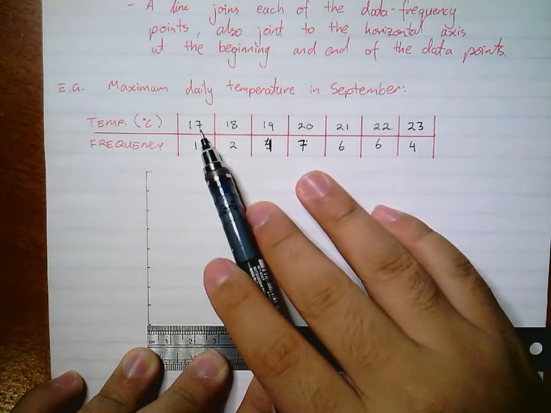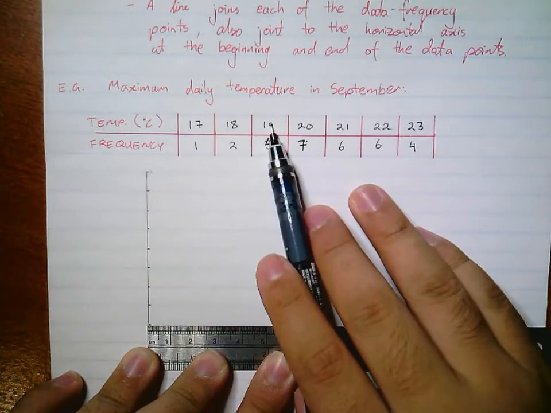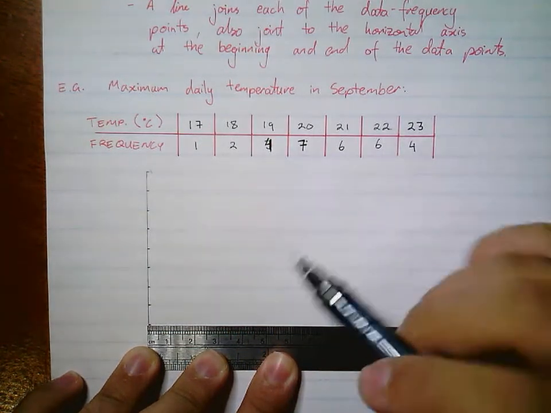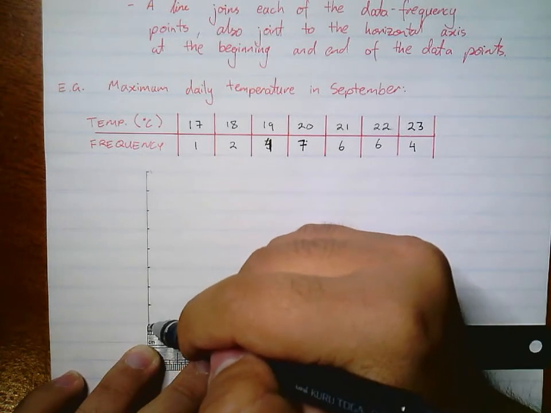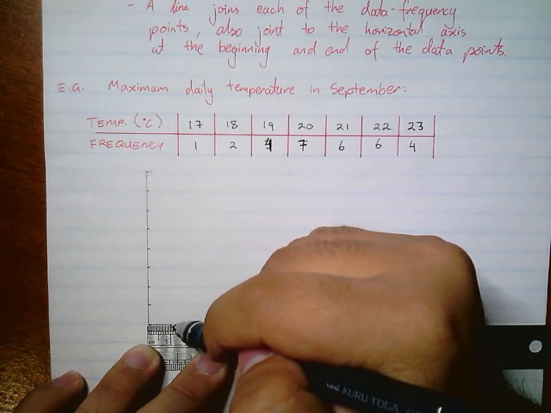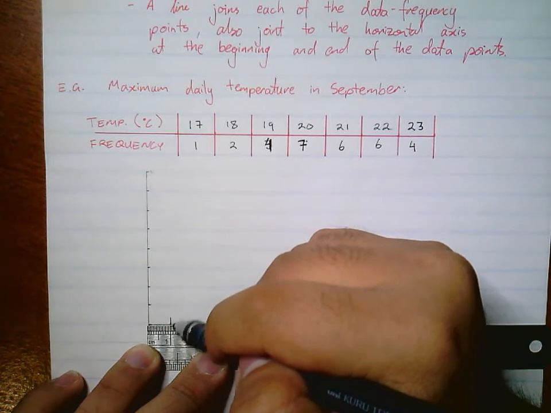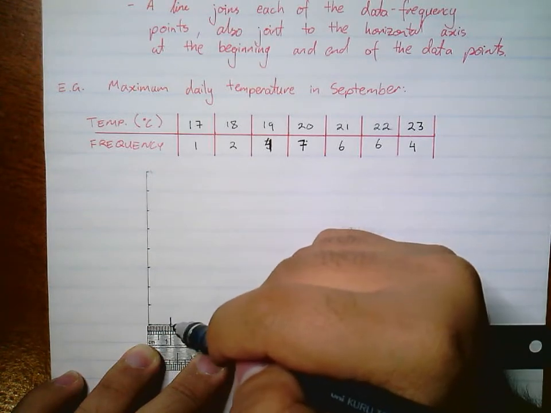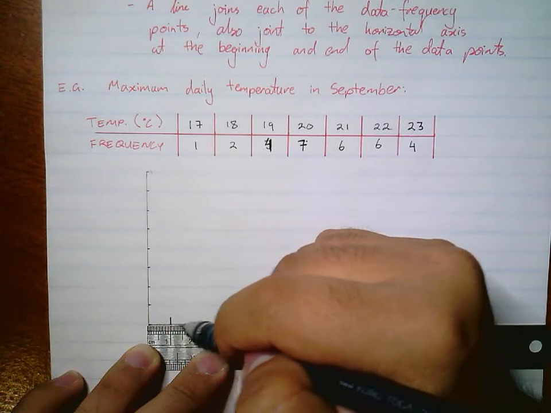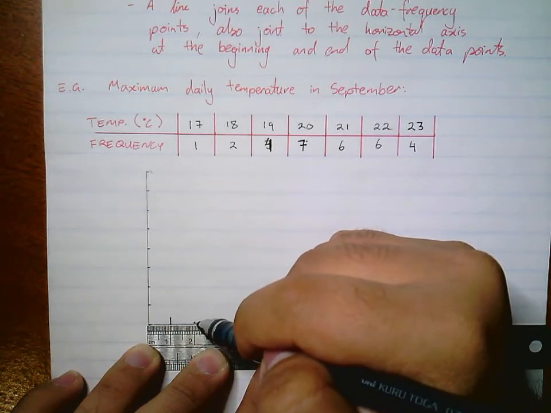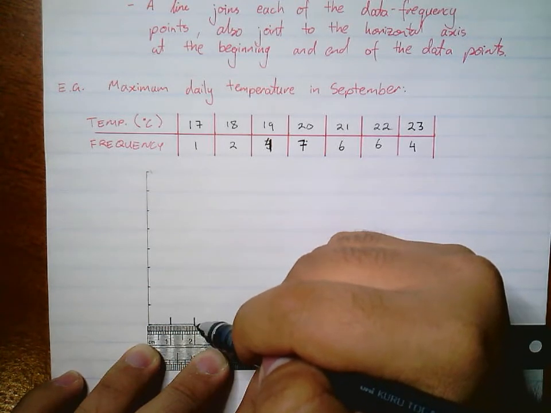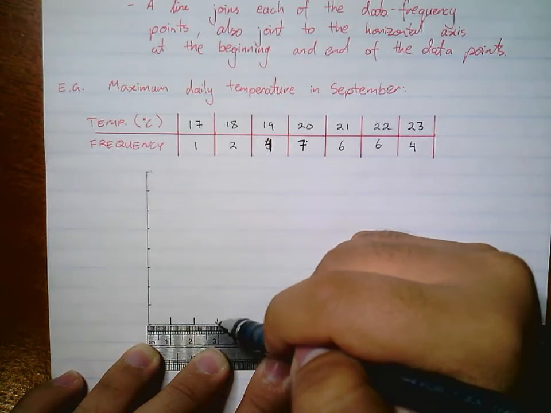So how many columns do we need? We need 1, 2, 3, 4, 5, 6, 7 columns. I give myself 1 centimeter, and starting from here, I'm going to draw a big line, 1 centimeter across, and then another big line, and so on.